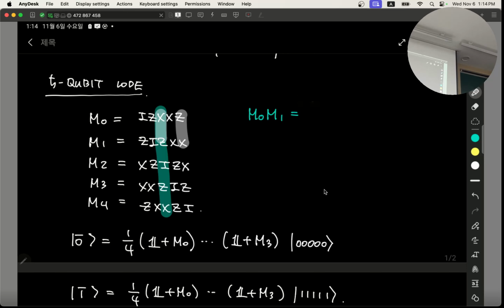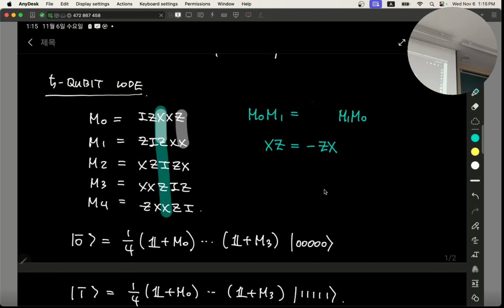Now suppose that you reverse the order of multiplication, so you apply M0 first and then M1 next. What will happen? You change the order of Z and X operator on qubit 1 and qubit 3. If you apply XZ or ZX on one qubit and interchange the order of action of the gates, then you get a minus coming out.